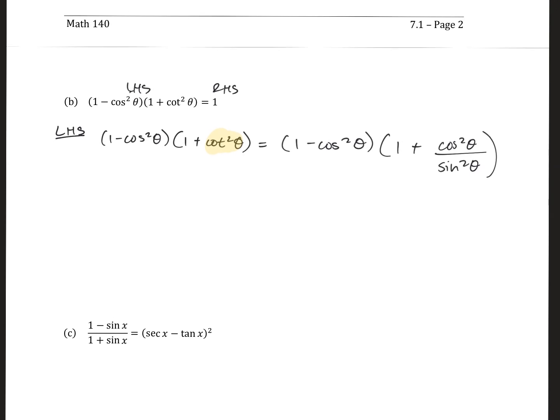So I know, by the Pythagorean identities, that sine squared x plus cosine squared x equals 1. And then I could solve for sine squared x by subtracting cosine squared from both sides. So I'll get sine squared of x equals 1 minus cosine squared of x, which is exactly what we have right here.